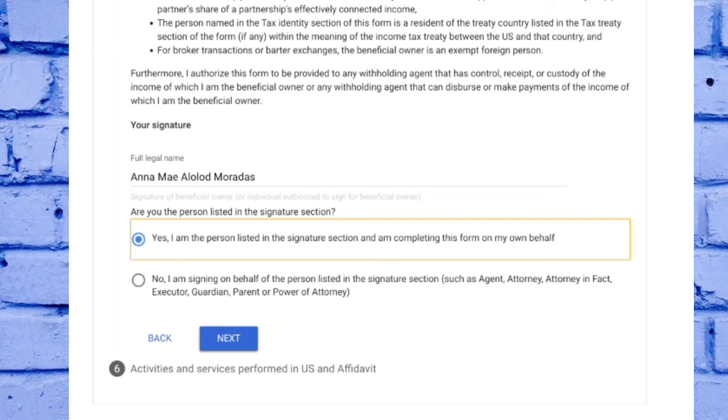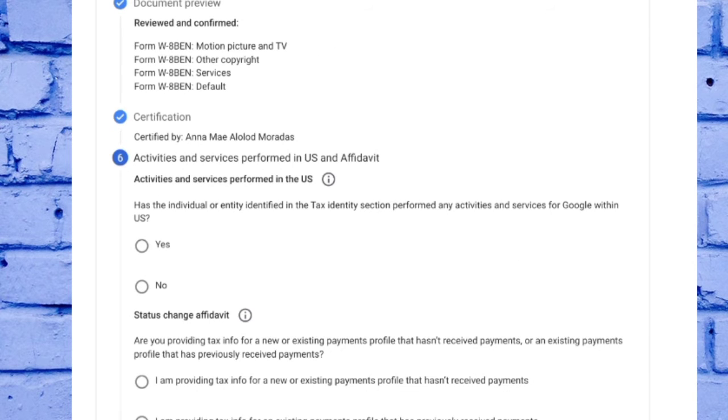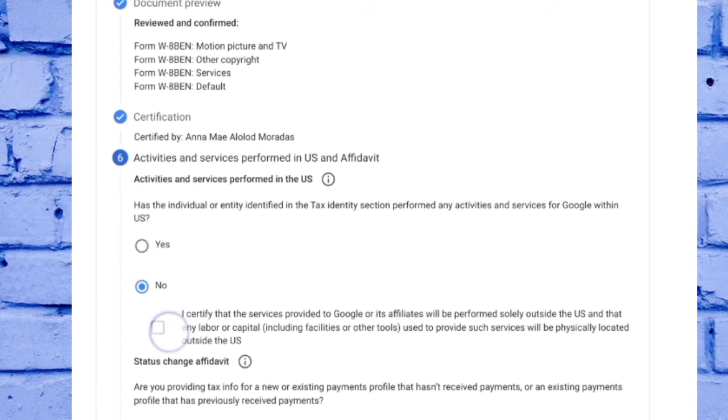Okay. So next, has activities and services performed in the US. Has the individual or entity identified in the tax identity section performed any activities and services for Google within the US? Wala tayo dyan, no? Then, check yung I certify.